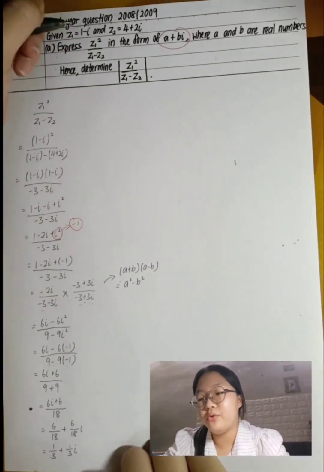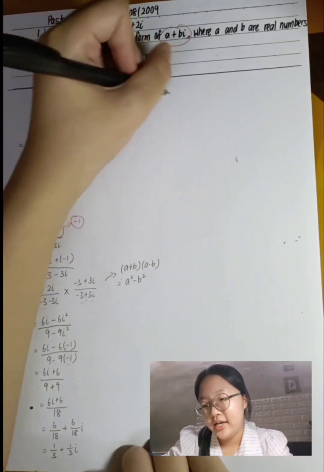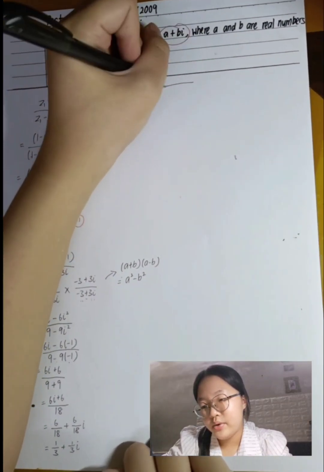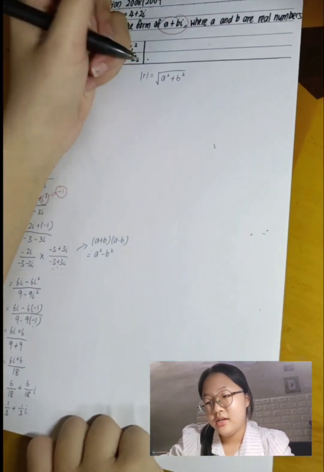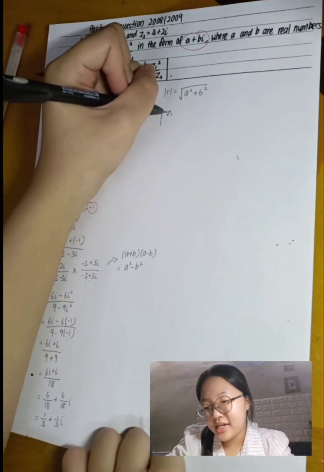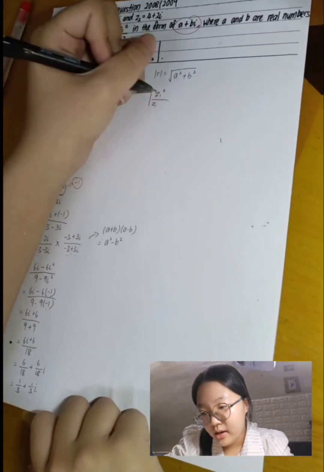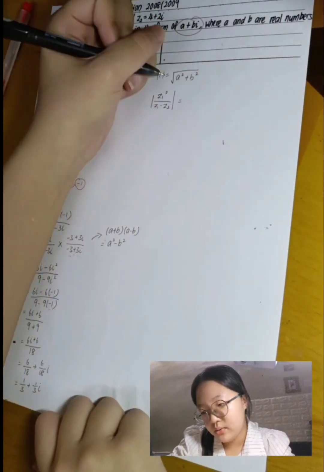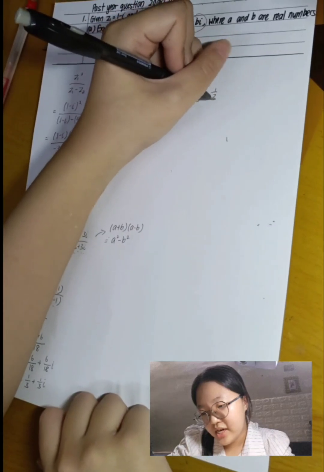So we have to do the modulus of this equation. How to do? We know the formula is square root of a squared plus b squared. So the modulus of z1 squared divided by z1 minus z2 is equals to the modulus of 1 over 3 plus 1 over 3i.